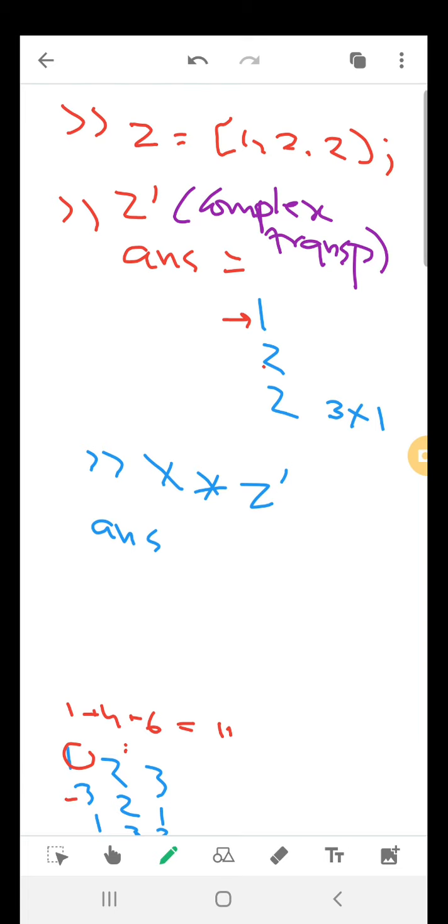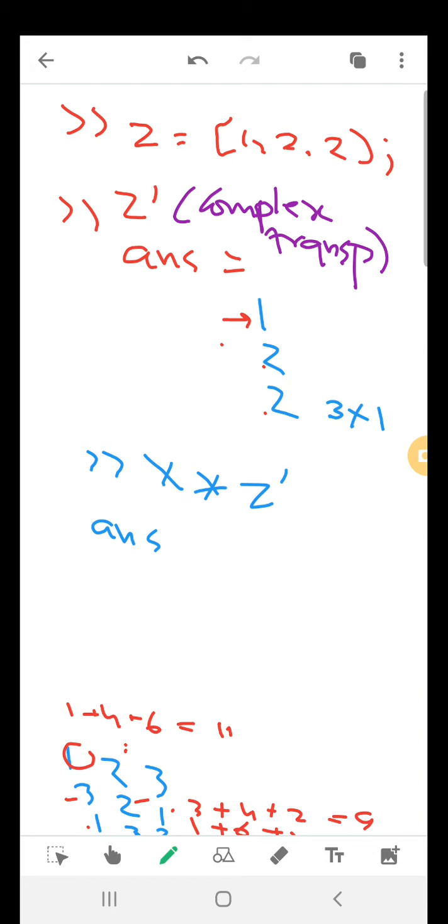Secondly, again 3 into 1, 3, 2 into 2, 4, and 1 into 2, 2. So this becomes 3 plus 4, 7, plus 2, 9. And the last one, 1 into 1 is 1, plus 2 into 2 is 4, 3 into 2 is 6, plus 2 into 2 is 4.